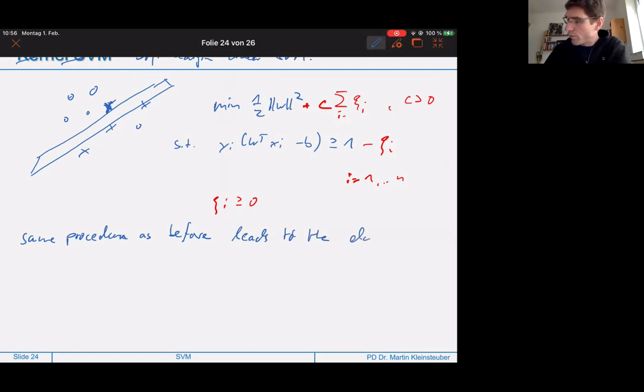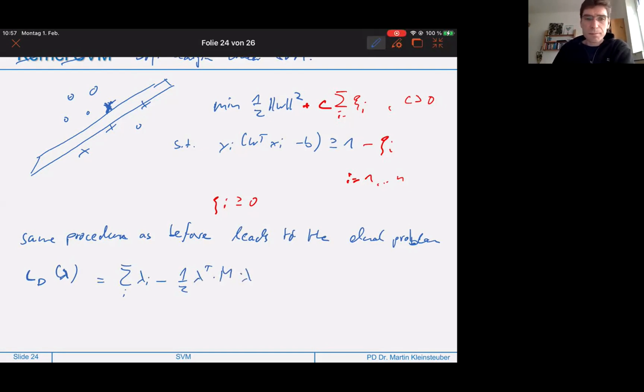which leads to the dual problem. The dual problem here, in lambda, is the sum over i of lambda i, so it exactly looks the same. You have minus 1/2 lambda transpose times this matrix that I called M times the lambda.